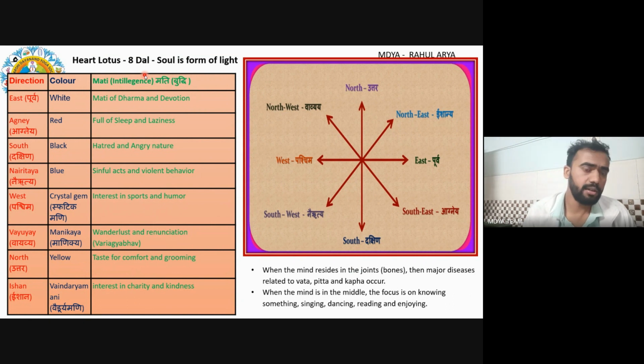In the heart there are 8 petals, then sun, moon, fire, light, Pitasthana, then Vasudeva. Here the heart is divided into 8 parts according to the directions. On the right side in the picture you can see the full diagram: it is our heart, and the heart is divided into 8 parts.